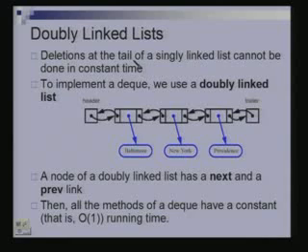So, first, what is a doubly linked list? A doubly linked list has nodes with two pointers, one a next pointer and one a previous pointer. We are also going to have two sentinel nodes here, and I will come to the need for them in a minute. But each node has two pointers, one pointing to the next and one pointing to the previous.